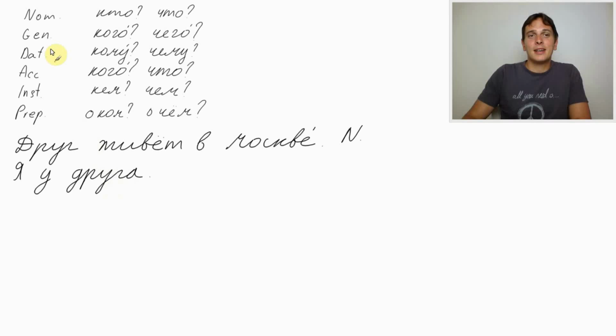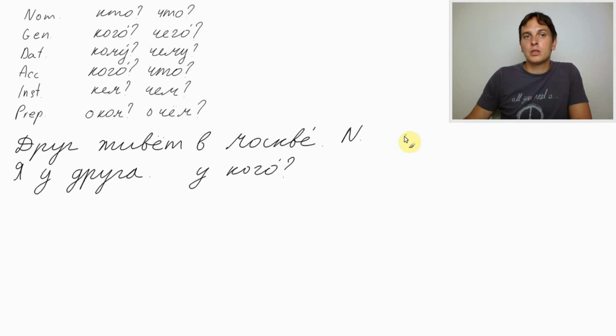Here we get genitive. Because if we would ask the question out of the sentence about the friend, what would you ask? At whose place are you? Where are you? At whose place are you? And you would answer, я у друга. У кого ты? У кого?